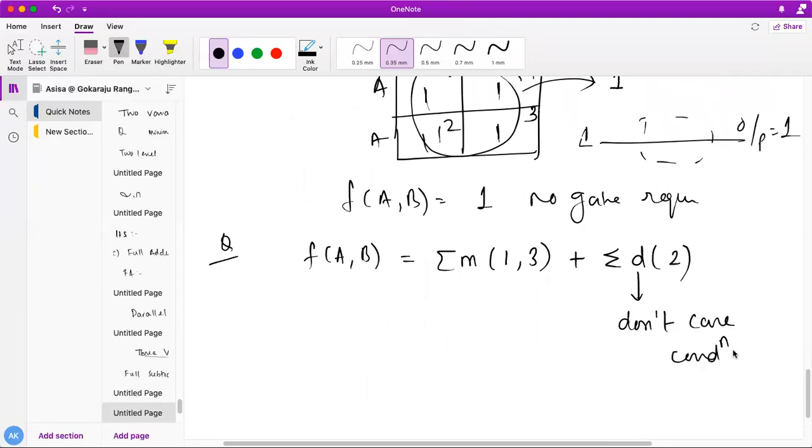Don't care is expressed as a cross, a capital X. So what is don't care? Don't care means they are not going to care about the output for this minterm 2. Either it is 0 or it is 1, they are not going to care about it.